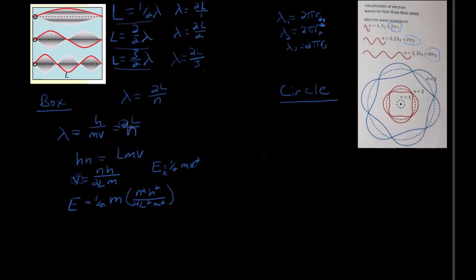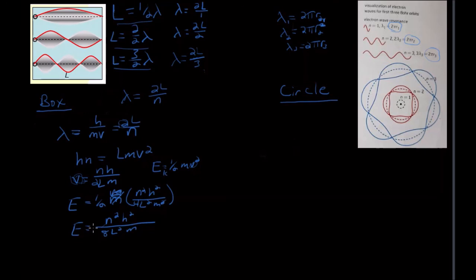All right, let me see where it was, v times 2Lm. Yep, okay, so that works out. All right, so I actually get m here. I have 1/2 times 4, so E equals n squared h squared over 8 L squared m. Make sure I've got everything right there. n squared h squared over 8 L squared m. All right.